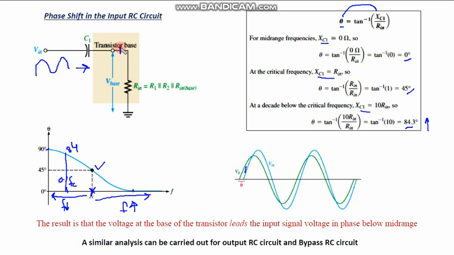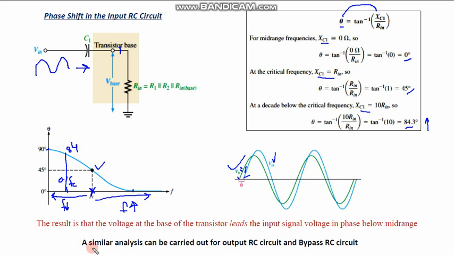VB is the voltage at the base, and this is a leading phase shift, so VB is leading V in. The net conclusion is that the voltage at the base of the transistor leads the input voltage.